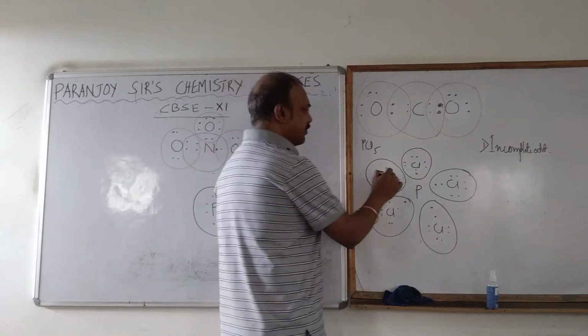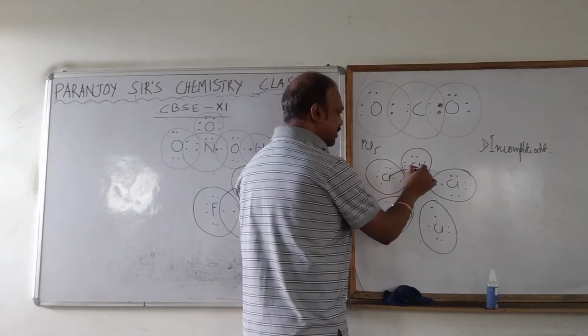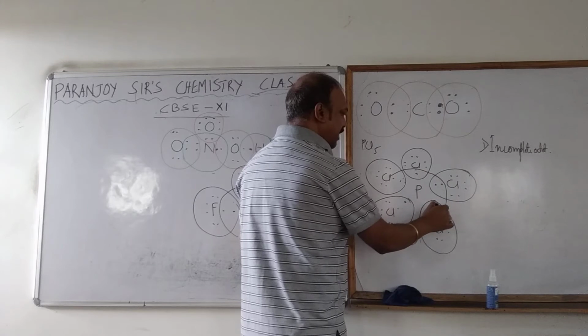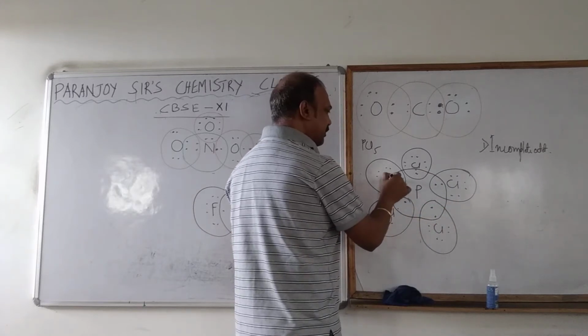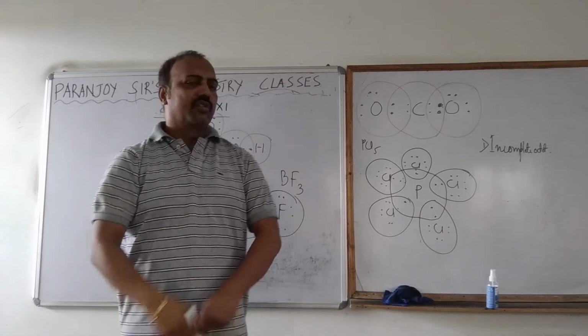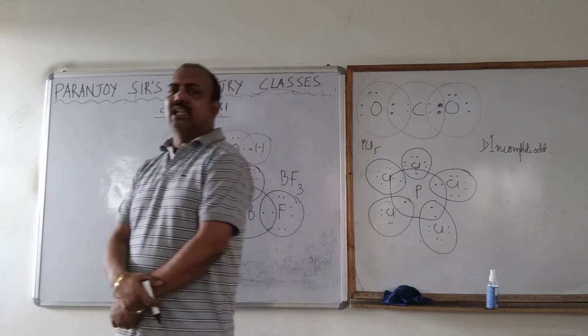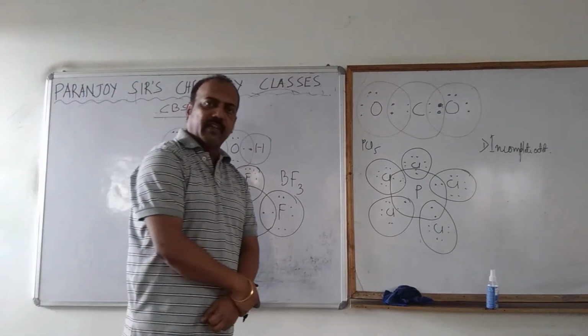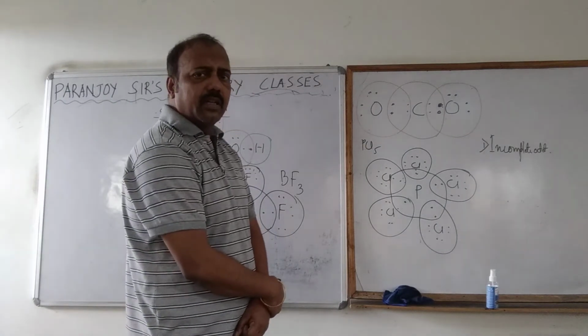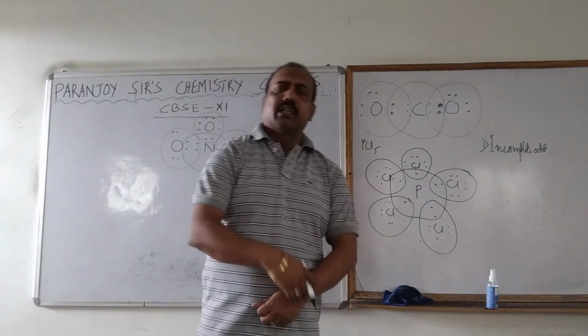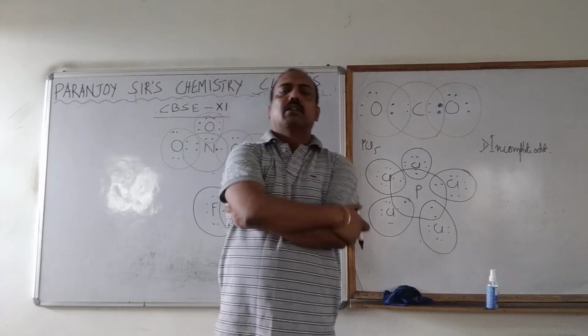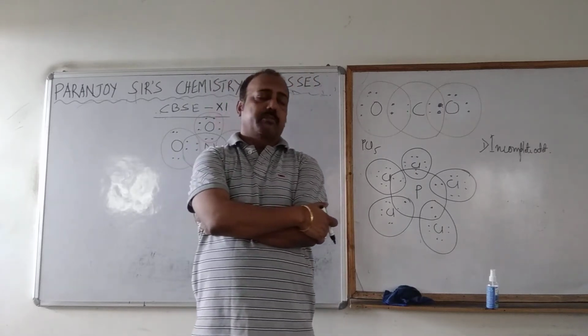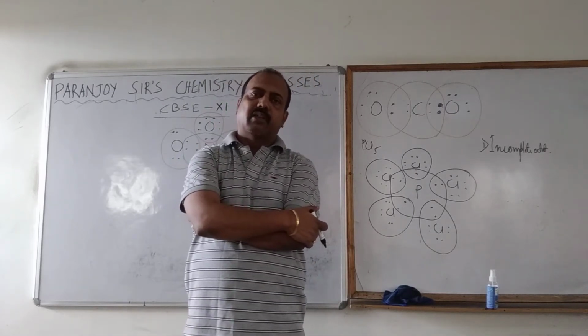But what about phosphorus? It is making a bond with 5 chlorines, and there are 5 bonded pairs of electrons, right? So there are a total of 10 electrons, or 5 pairs of electrons, present in the phosphorus valence shell. That means here the number is more than 8, but still the compound is very stable.